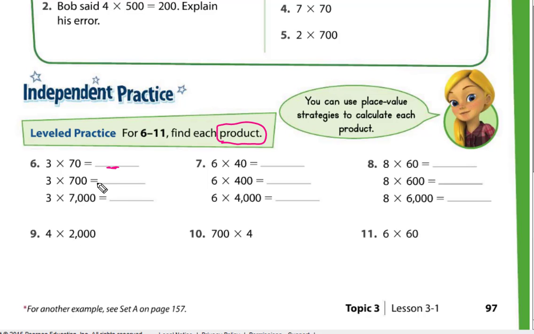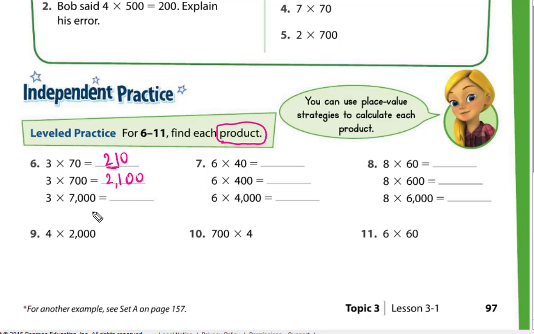Okay, Abdurrahman, 3 times 70? Quickly. 210. Continue with me. 3 times 700? 2,100.